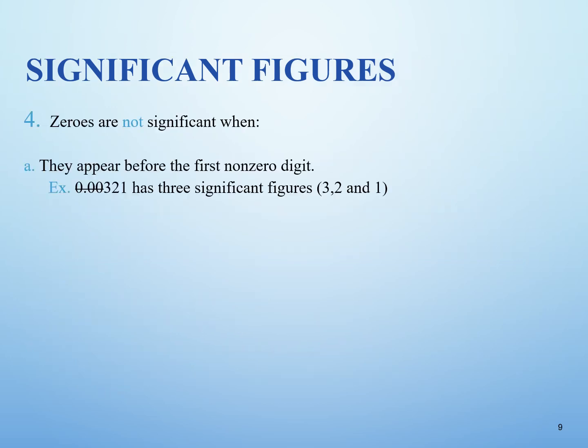Zeros don't count when they are in front of the number. So like earlier when we had the 0.00, I think it was 321, right? Something like that. And we didn't write the in-front numbers. In the same case here, if we were to write it in scientific notation, we would have said it was 3.21. So let's write it down here.